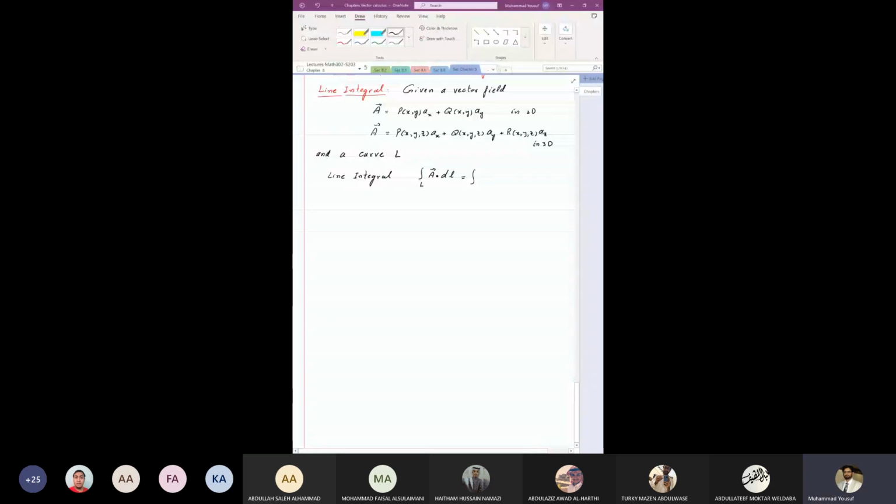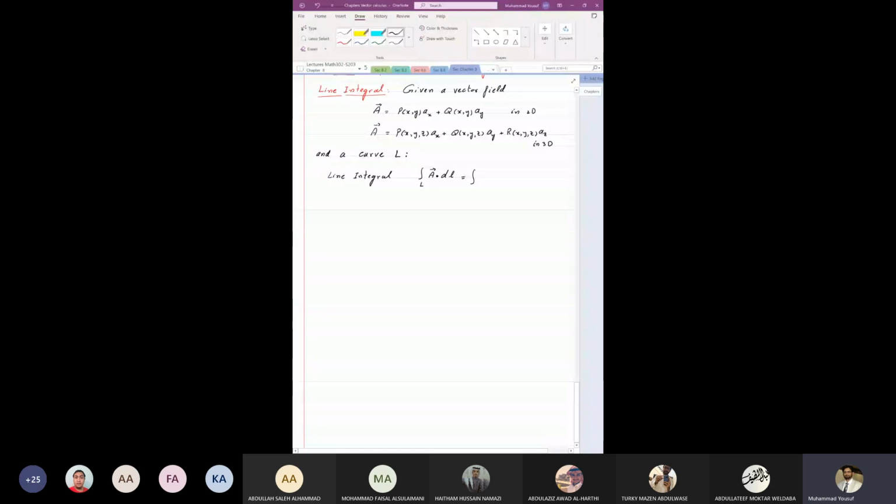now the curve L. How will we be given the curve which we are using here? We have a curve maybe in 2D, maybe in 3D. So the question is how this curve will be given.